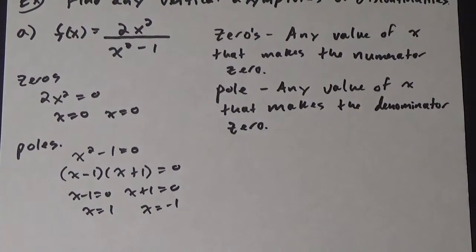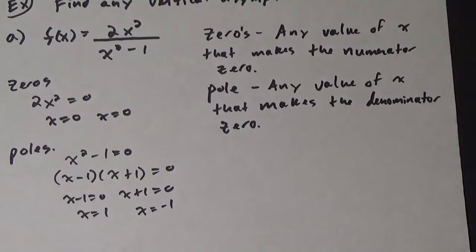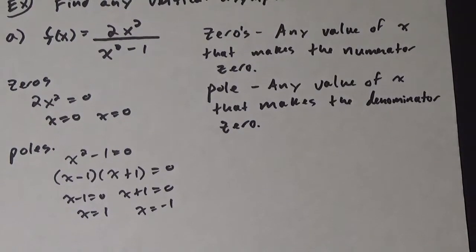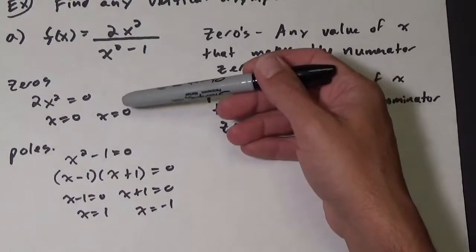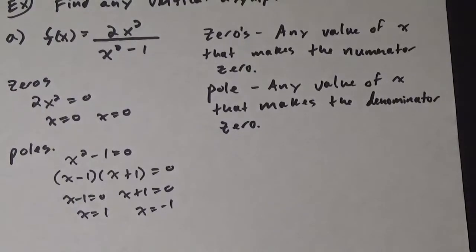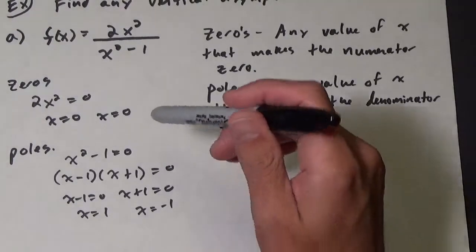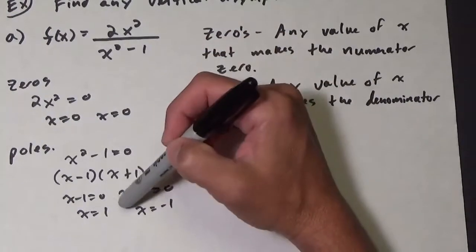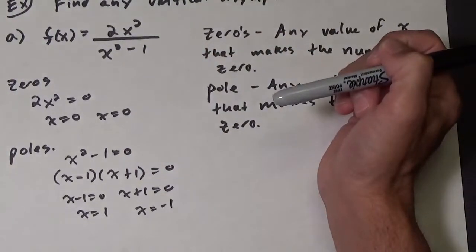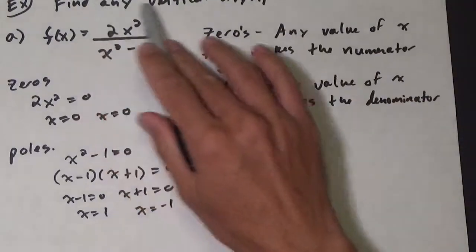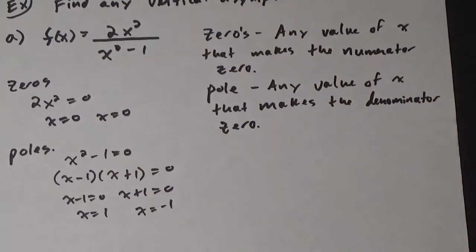Now at this point, when we were sketching rational functions, we would determine if we had x-intercepts, vertical asymptotes, or at the time we would call it holes. And so we would compare the zeros and the poles. Now, because the zeros do not have a matching pole, these are both x-intercepts. We don't have to write that down because the question doesn't ask us to find that.